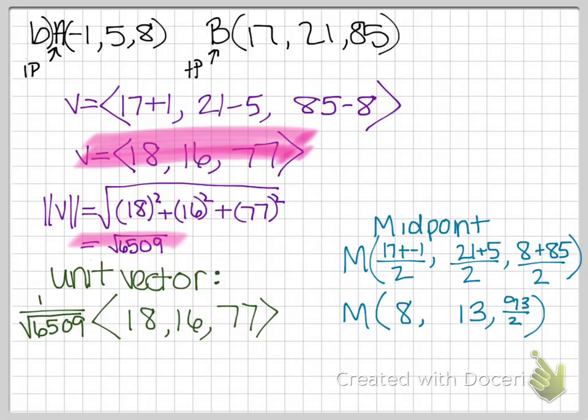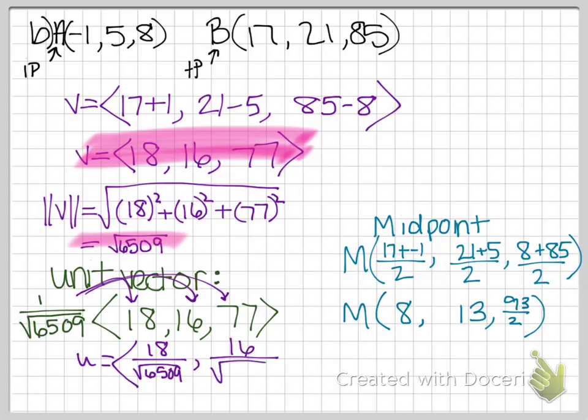And then we'll take that scalar and distribute it out. So our unit vector here, the x component is going to be 18 over the square root of 6,509. The y component is going to be 16 over the square root of 6,509.